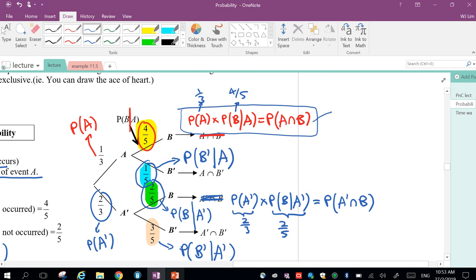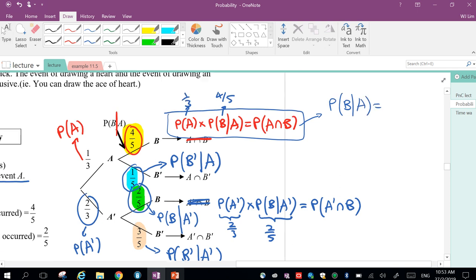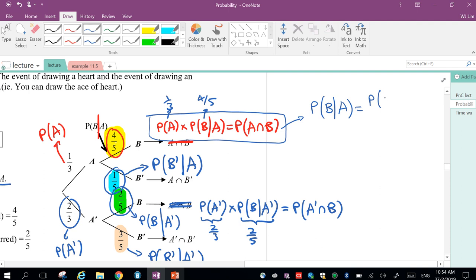Agree? So your probability B given A, if I make it the subject, is probability A intersect B, or rather B intersect A, over probability A. You make B given A the subject, you bring the probability A to the right.